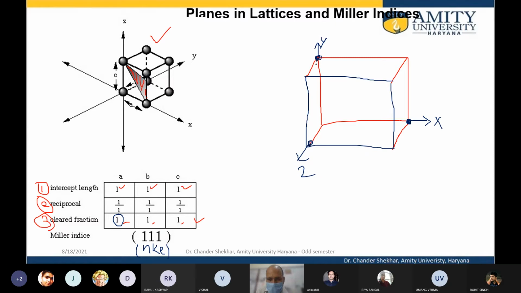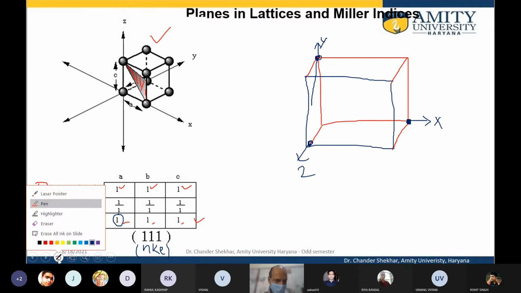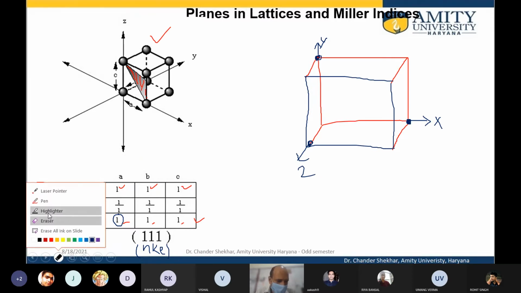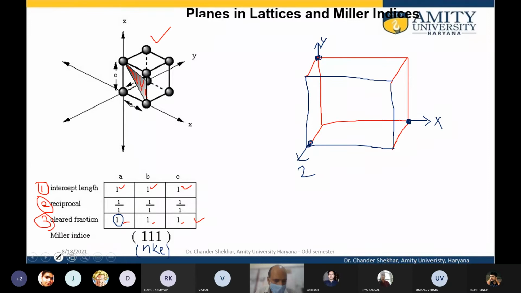Okay, so this is the plane within this lattice.